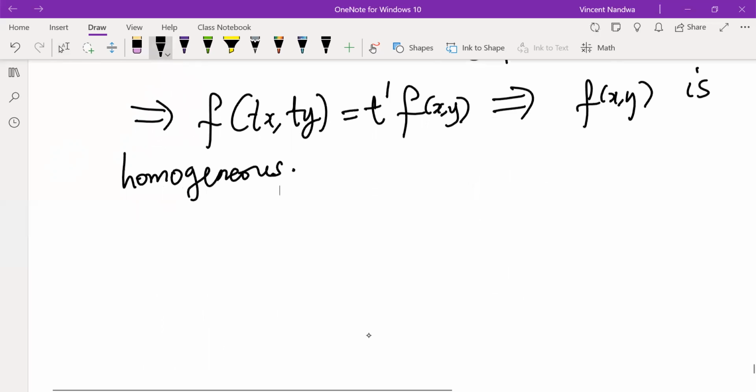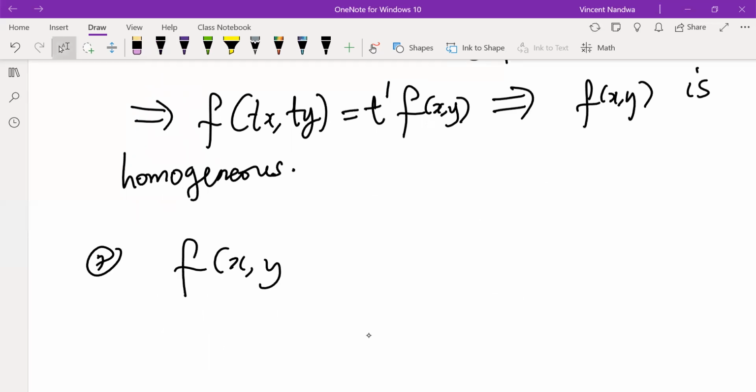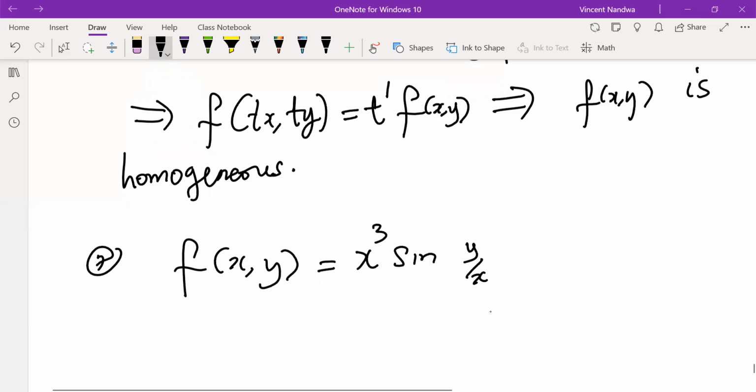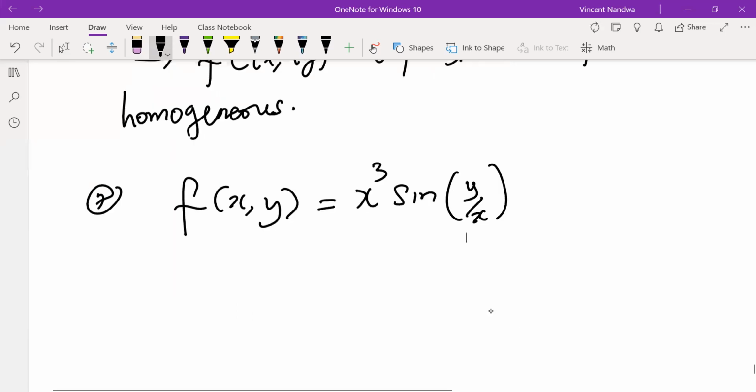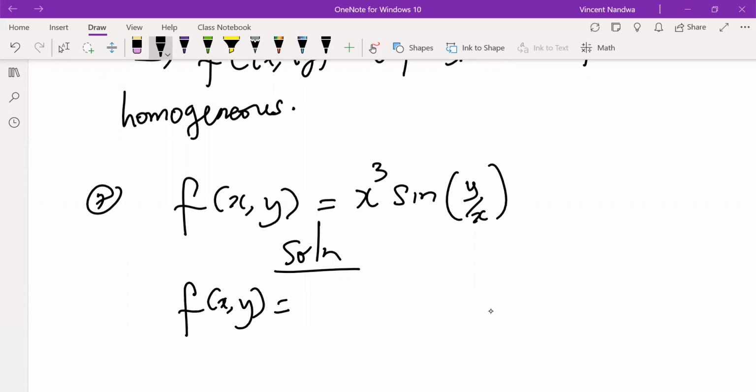And lastly, f of xy is given by x cubed sine y over x. So by definition, f of xy is x cubed sine of y over x.